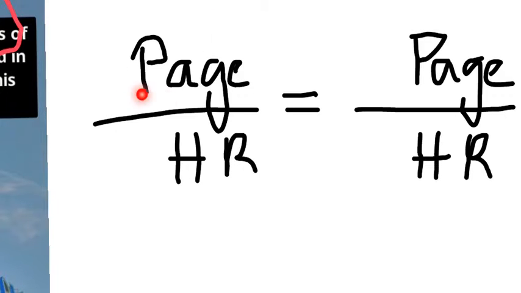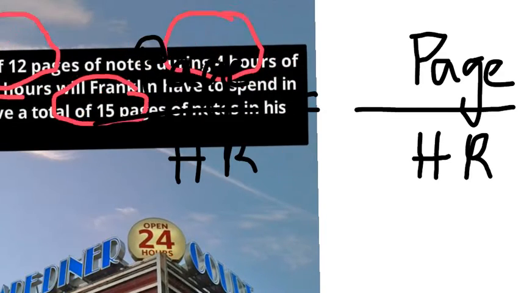So here is what I mean. You see how I put page on top, hour on the bottom? I'm going to do the same thing to the other ratio, and that way you make sure the page numbers are on top, and the hour numbers are at the bottom. Okay, so let me go back to the problem quickly.